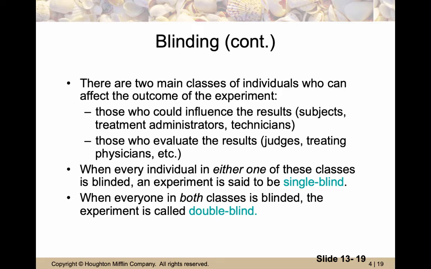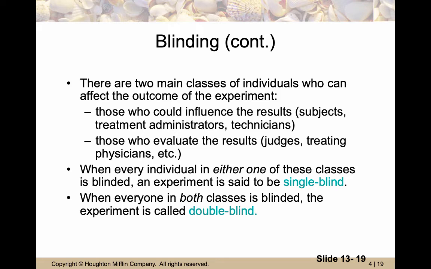There are two main classes of individuals who can affect the outcome of the experiment. Those who could influence the results: the subjects, treatment administrators, technicians. We really focus on the subjects here. Because of your own personal bias, you may think that one treatment over the other is going to be more effective.